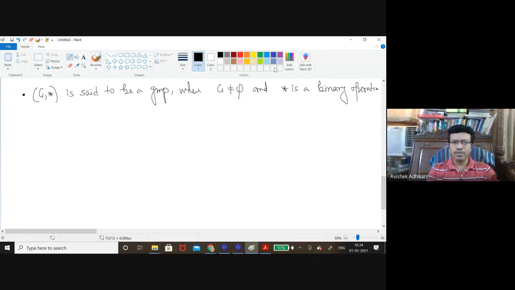Let me first write out the definition: a binary operation on G satisfying the following properties.